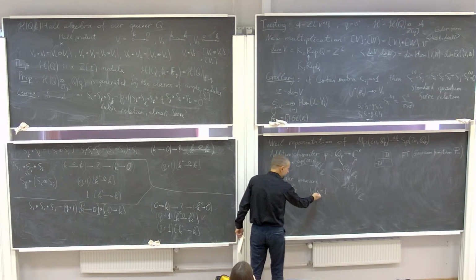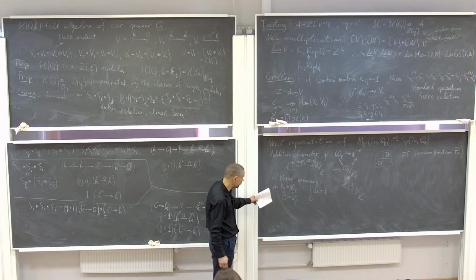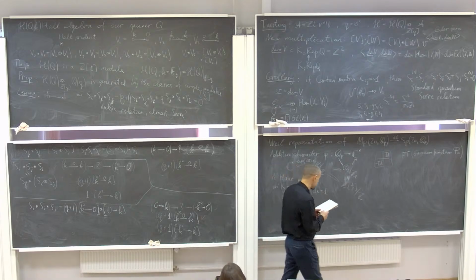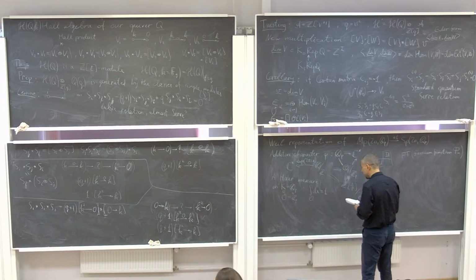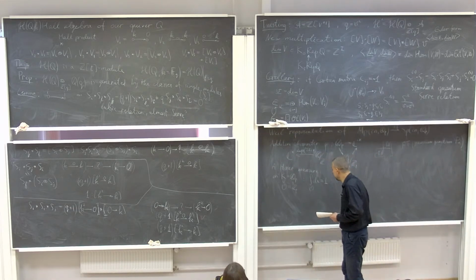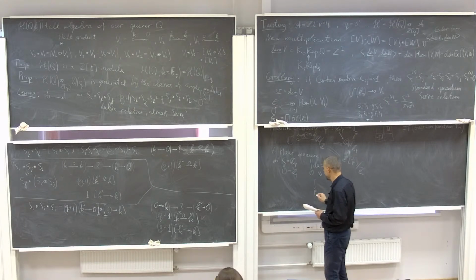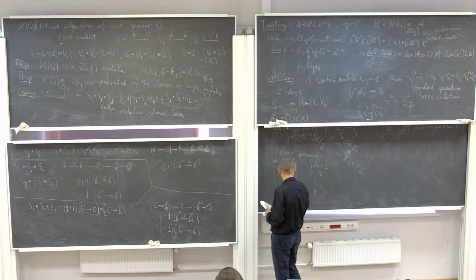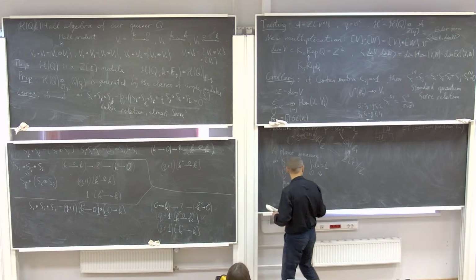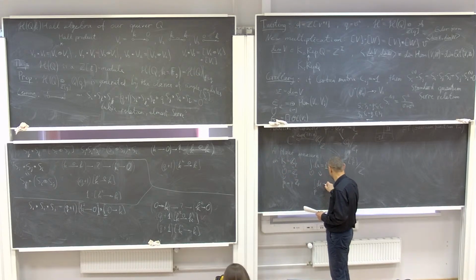So it's our choice of Haar measure. Then it's uniquely defined by this. And for example, it implies that the integral over the maximal ideal P of dx is what?